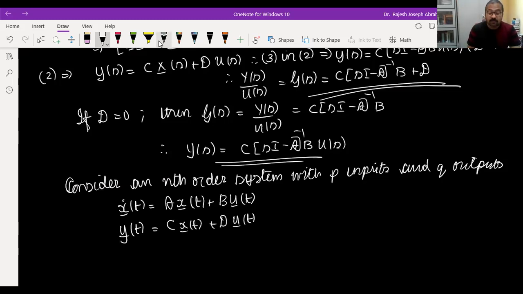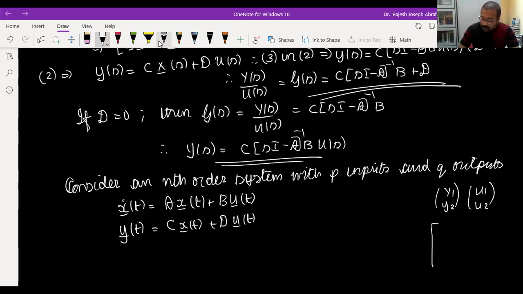Okay, again, so instead of getting a single transfer function G of s here, now we have a transfer function matrix. Okay, for example, suppose there were two outputs, y1, y2, and two inputs, u1, u2. How many transfer functions are possible between these inputs and outputs? Four transfer functions are possible.